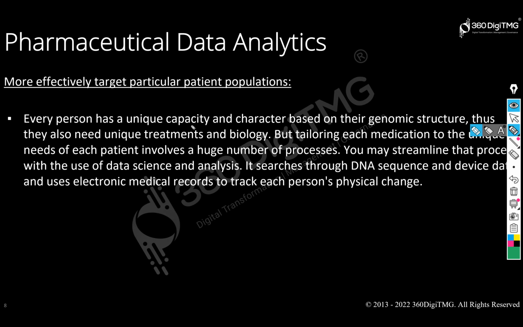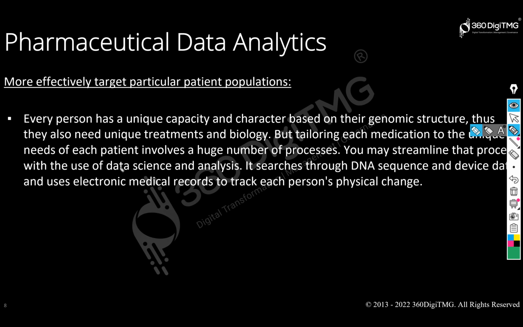Every person has a unique capacity and character, right? We know that, based on their genome, that is DNA, the structure, they also need unique treatments based on their genes. Tailoring each medicine to the unique needs of each patient involves a huge number of processes. Everyone's genes are totally different, and everyone needs different treatments.